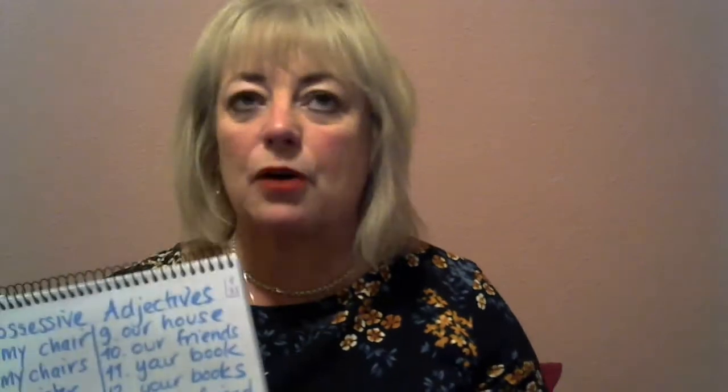So, my house, your car, his chair, their money, etc. That's what possessive adjectives are. And this is explained fully in my level 3 book on page 35 of Break the Language Barrier Level 3. That's where you'll find all the possessive adjectives explained, and I will put the video down in the description as well if you want to watch that specific video.